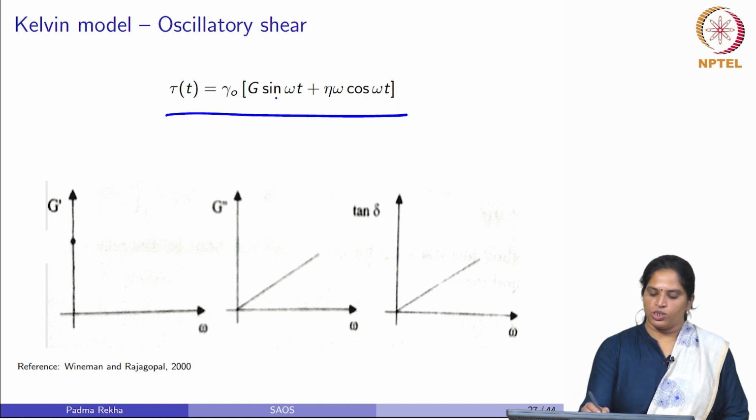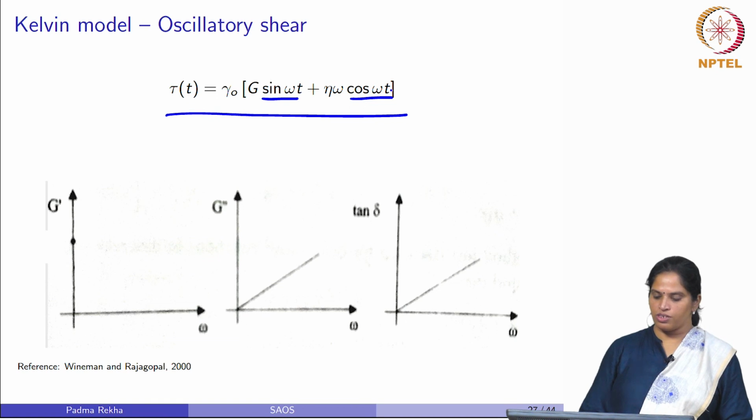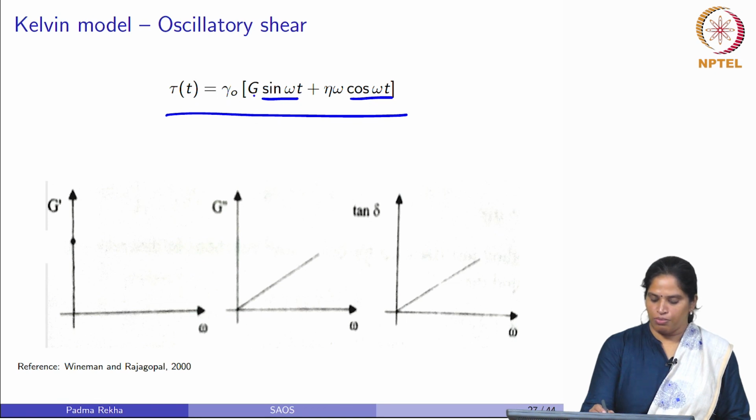Again you will have two functions, one is a sin omega t function, another is a cos omega t function. The coefficient of sin omega t is independent of frequency, and the cos omega t coefficient, which is the loss modulus, is linearly related to frequency.